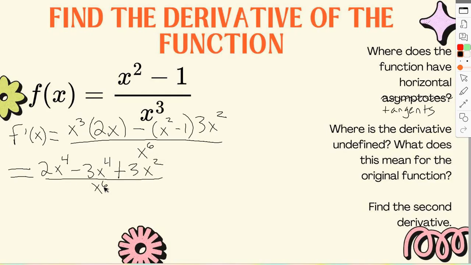Yes? No, maybe? So then 2x to the 4th minus 3x to the 4th gives us negative x to the 4th. Okay. Is there anything else that I might want to do?